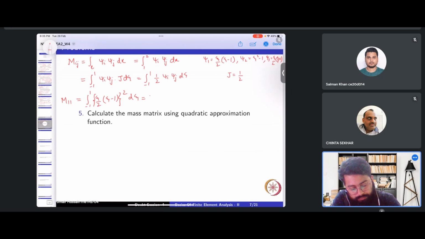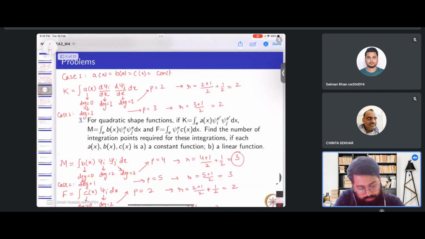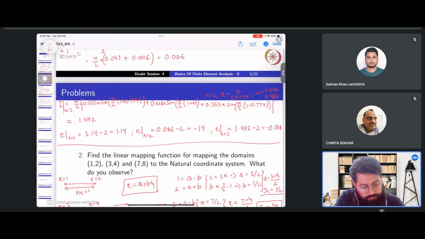So we have 0.555 times. For r equals 3, we have 0 and points plus minus 0.774.